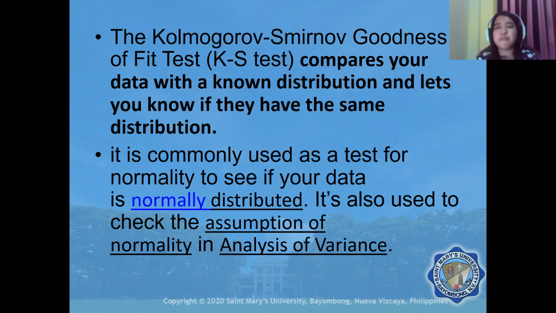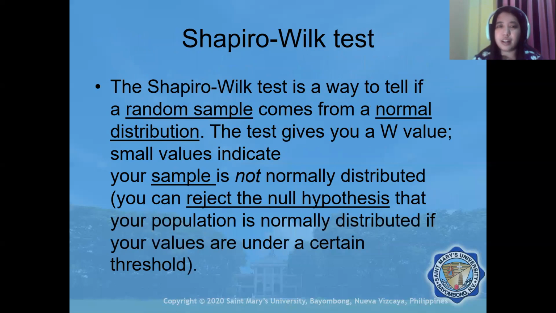And this may lead to different conclusions on whether the data is normally distributed or not. Okay, so going back here, this is an inferential, non-parametric statistic that can be used to determine if our data is normally distributed or not.